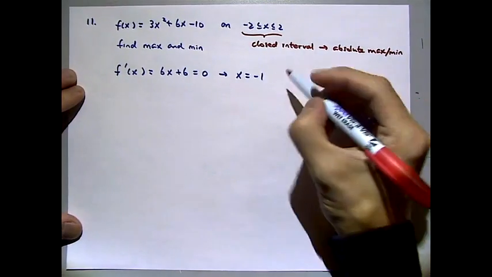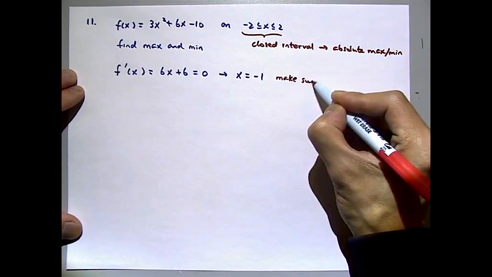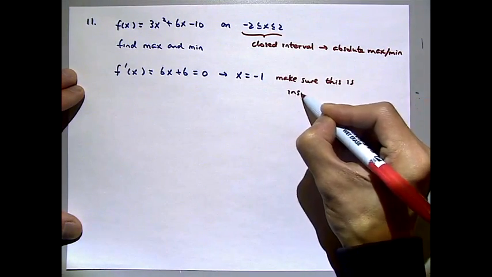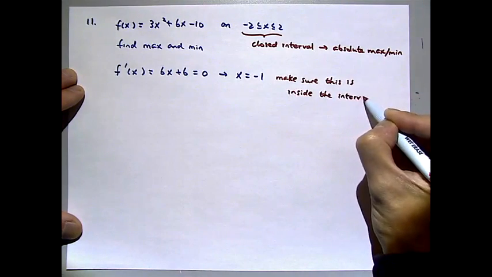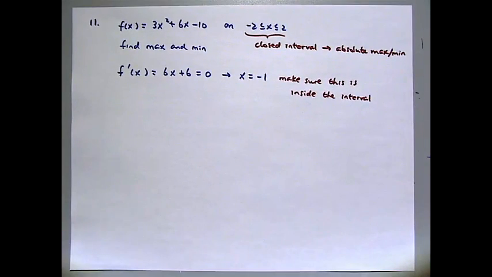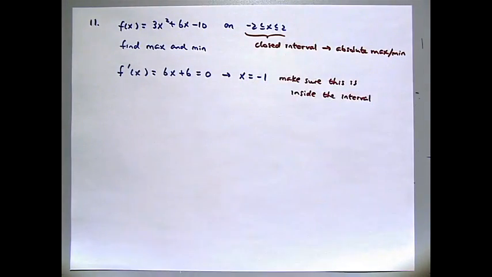Another thing to look out for is that we got to be careful and make sure that this is inside that interval. There could be multiple critical numbers. You just throw out every single one that's not inside the interval. And that one is between minus 2 and 2, so we keep that.